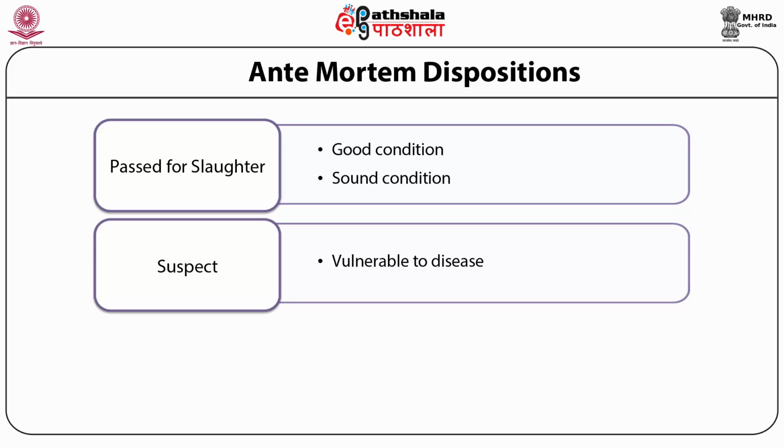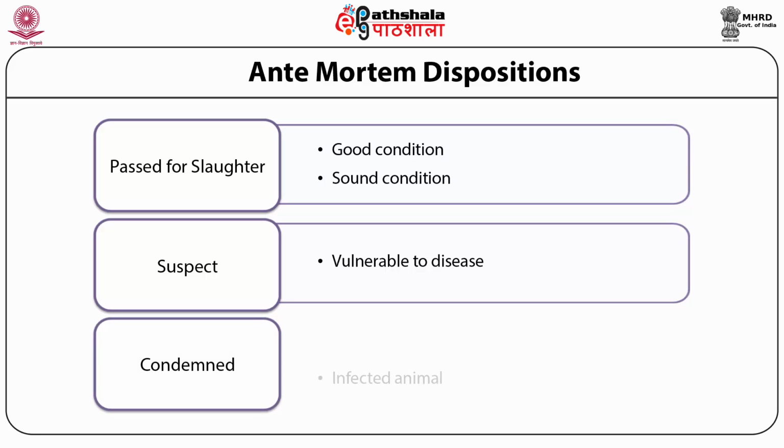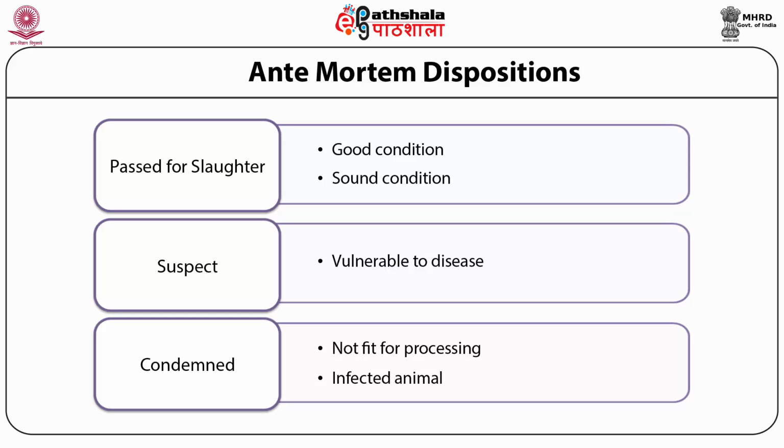The last disposition is the condemned, that is, the infected animals in which the degree of risk is higher than the limit. This means the animal is infected and is not good for processing. These kinds of animals produce poor quality of meat and are therefore condemned or killed.